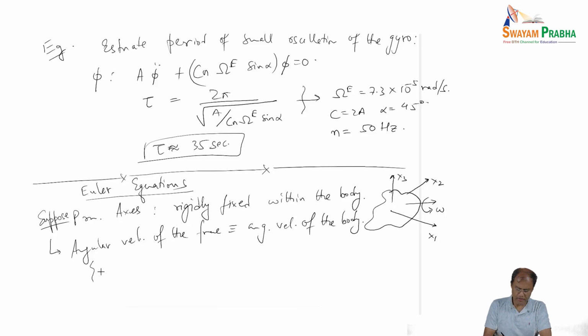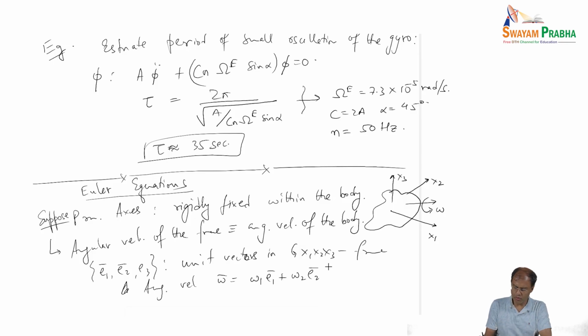And E1, E2, E3 are my unit vectors in the body fitted frame, in the G, X1, X2, X3 frame. For this, the angular velocity omega can be written as omega 1 E1 plus omega 2 E2 plus omega 3 E3.